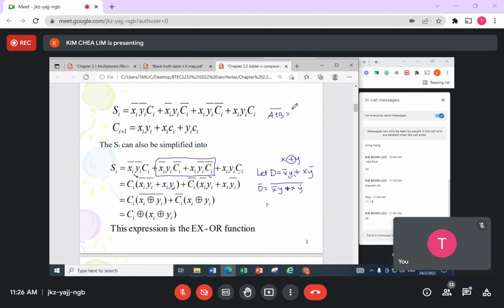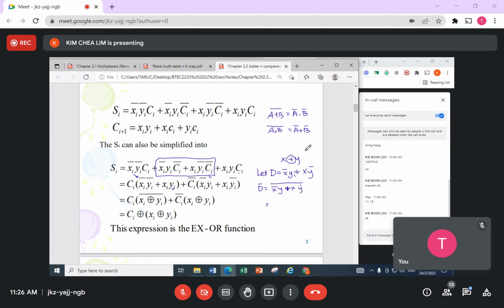De Morgan said that you can break it into bar A, bar B, and the plus, or the OR, you change it to become AND. De Morgan also says that if this is an AND function and I want to convert it to become an OR function, I chop the long bar into two single individual bars, then this dot becomes OR, the opposite. Alright, so this is De Morgan's theorem.